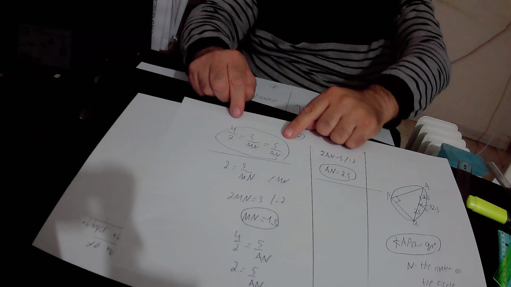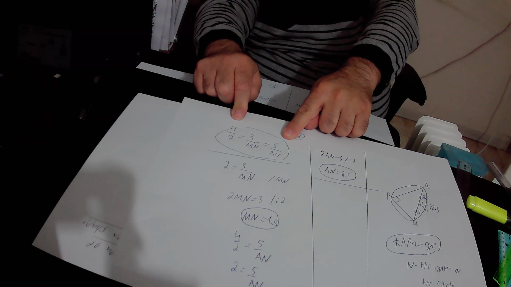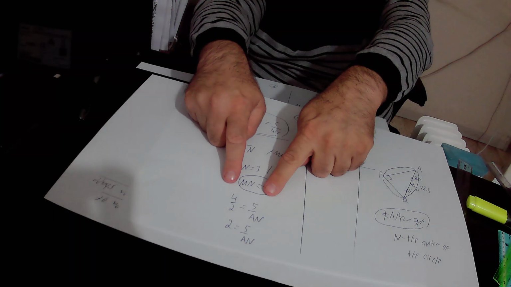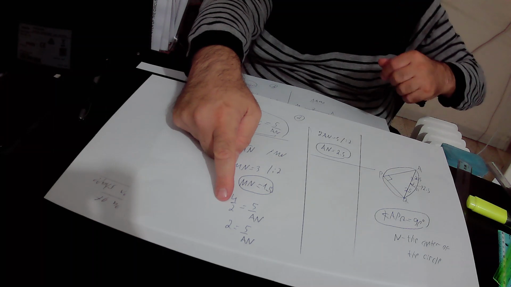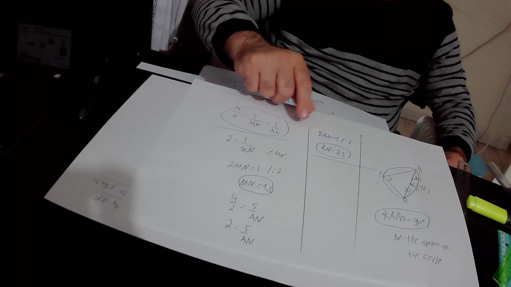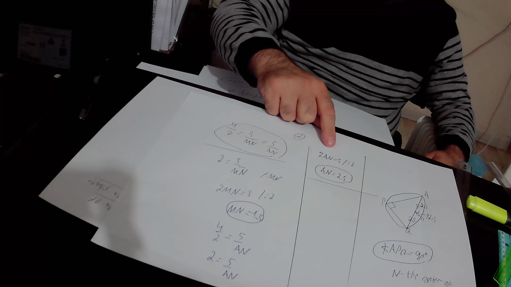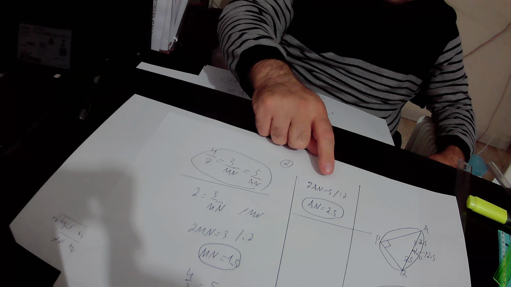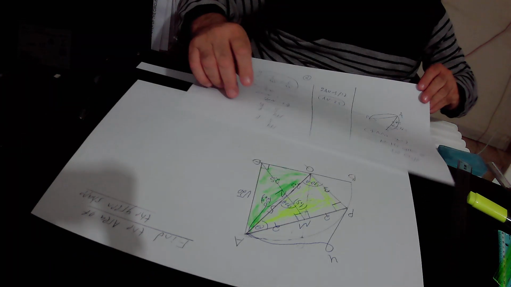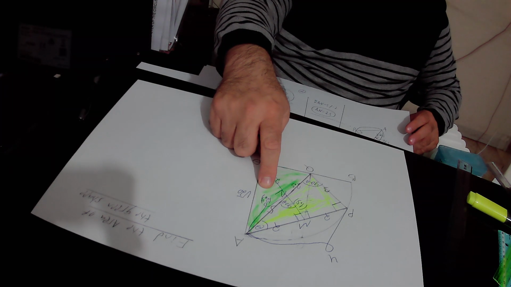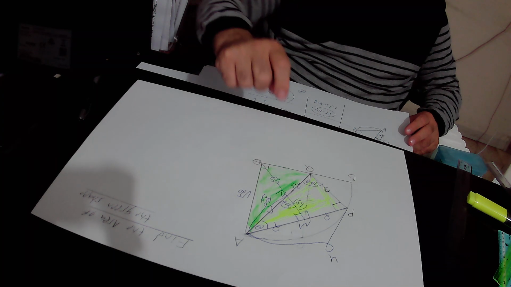From this equation you can also conclude that 4 over 2 equals 5 over AN. 4 over 2 is 2, so 2 equals 5 over AN. We multiply this equation by AN and found that 2 times AN equals 5. We divided this equation by 2, and finally found that AN equals 5 over 2, that is 2.5. So AN equals 2.5, and MN equals 1.5.